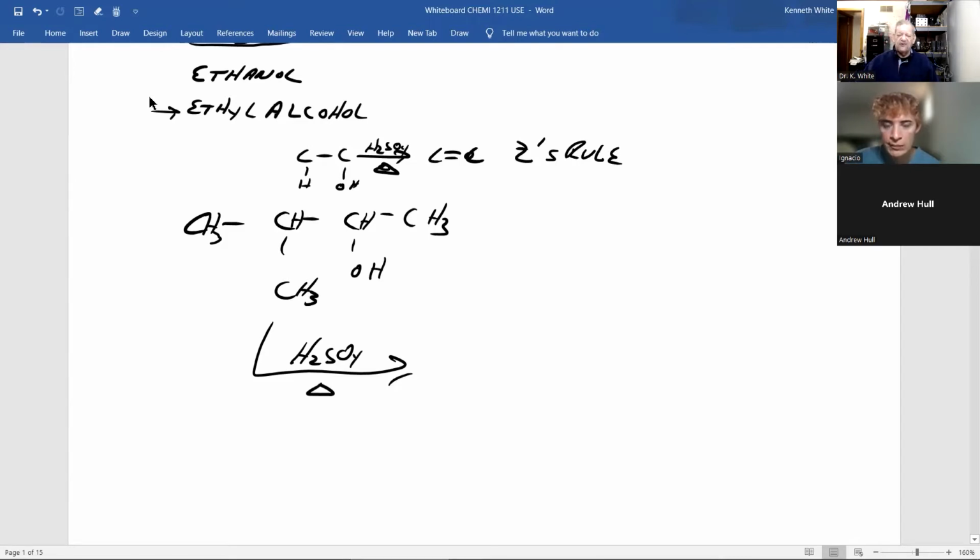Years ago, I used to be writing out Zaitsev's rule and look at it. Did I write his name right? And I got lazy, just like Markovnikov, and just put the first initial, but I still say it.